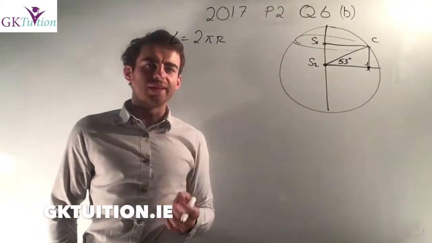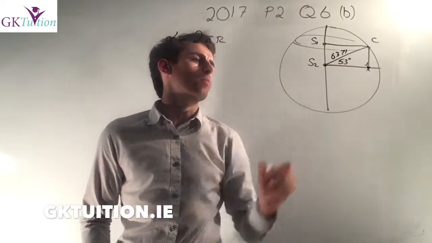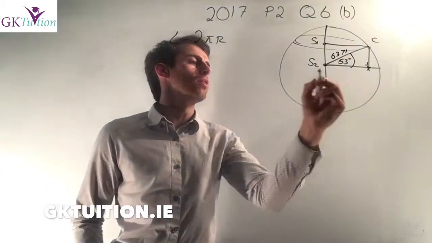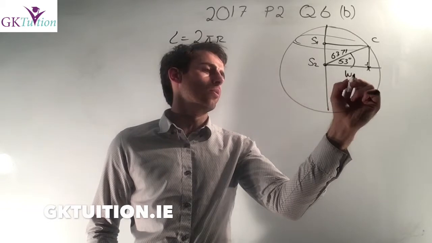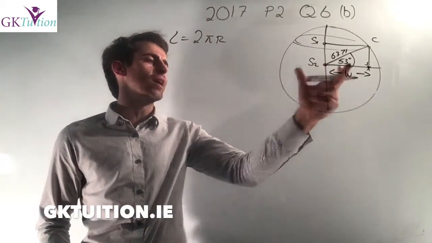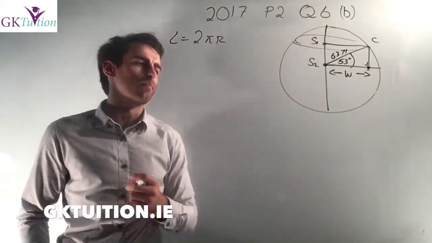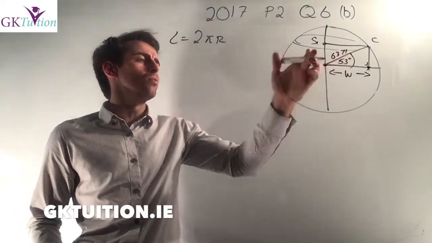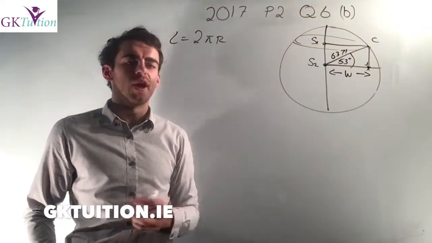Remember, I know the radius of the circle in this case is 6,371. I'm dealing with a right angle triangle and I'm looking for the adjacent. Let's call this the distance W. W represents the distance from S2 to my little x here, or in other words, the distance from S1 to C. I know the 53 degree angle, I'm looking for the adjacent, and I know the hypotenuse.